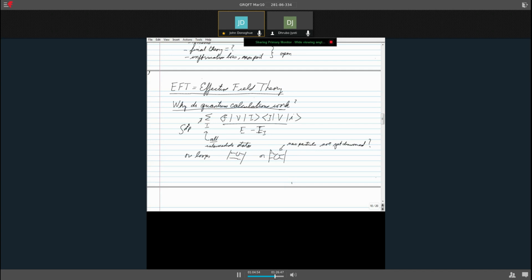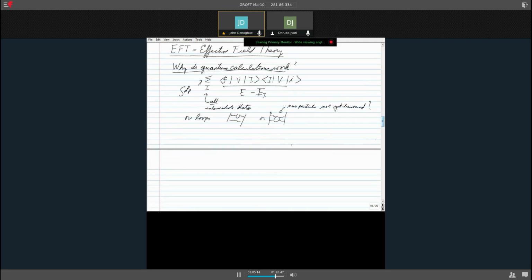That means that if you're summing over states, it includes arbitrarily high energies, and physics is an experimental science, and we have not probed to arbitrarily high energies. So how do we know that there isn't some intermediate state, some particle that lives at 100 TeV that we haven't yet discovered, that enters this intermediate state sum?